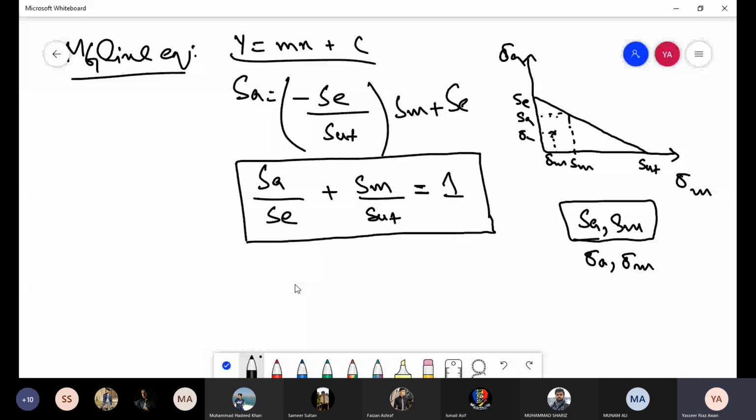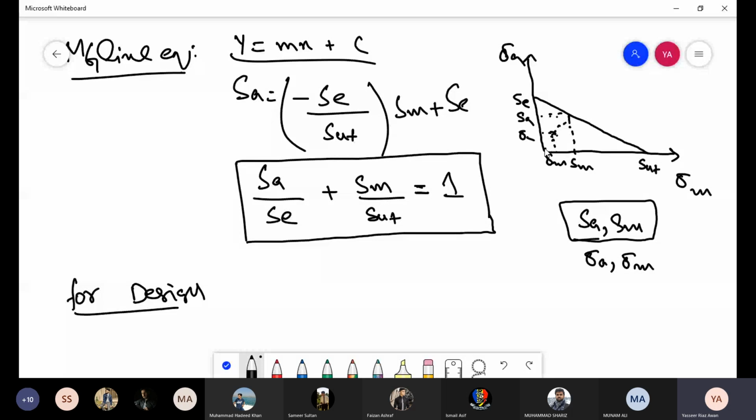Now for design, obviously we want sigma A and sigma M to be somewhere below that line, and when you multiply sigma A and sigma M with the fatigue safety factor, you get SA and SM.